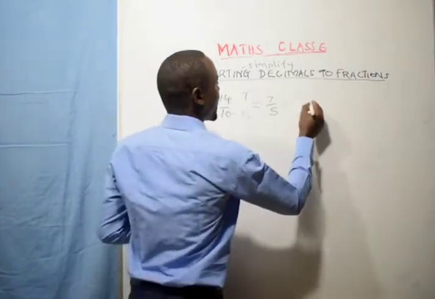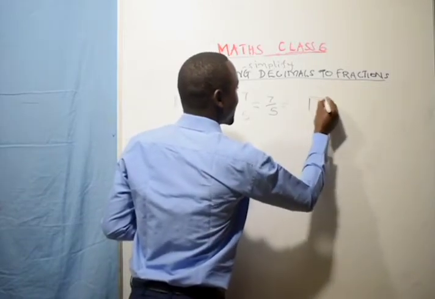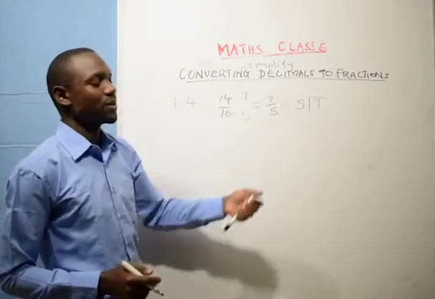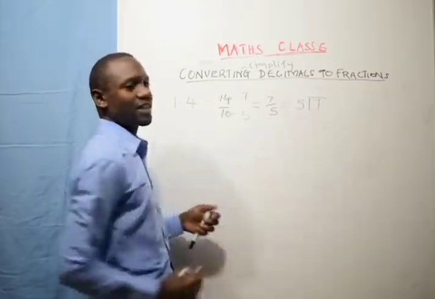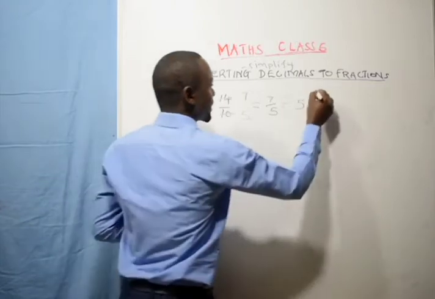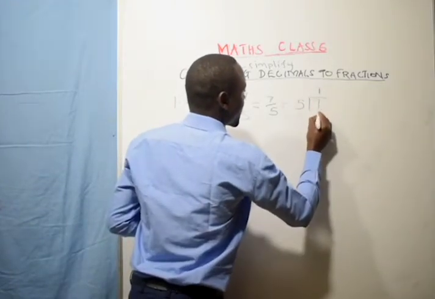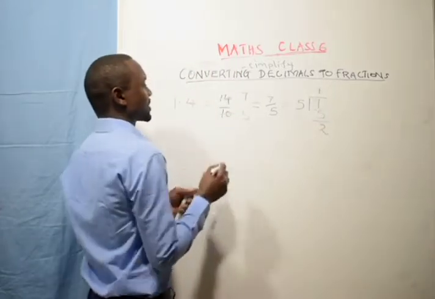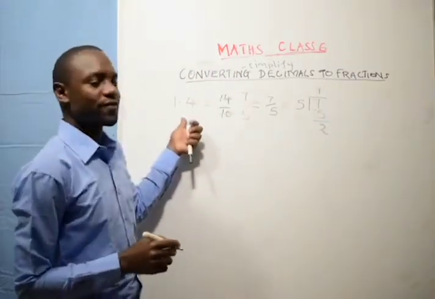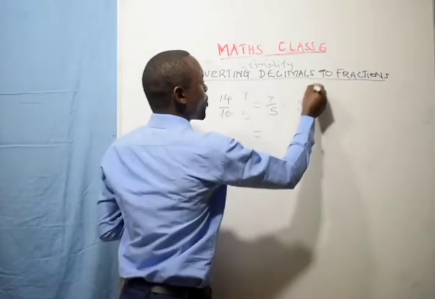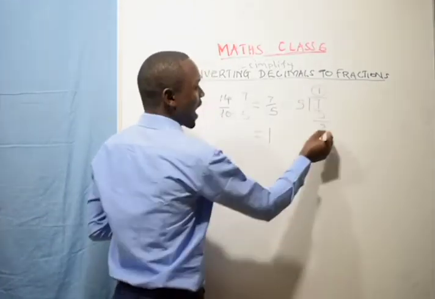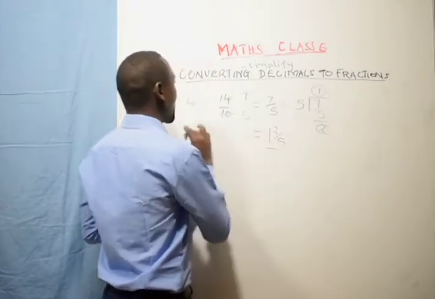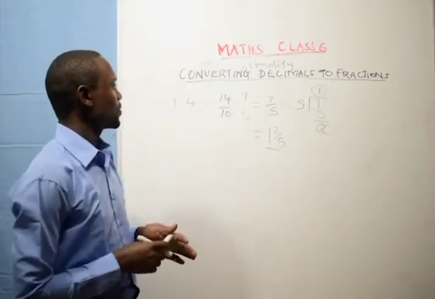So we divide 7 by 5. The number at the top is the one we are dividing by the number at the bottom. How many times will 5 go into 7? 1, because of 5. Subtract, you get 2. So 7 over 5, or rather 1.4, is the same as 1 whole and the remainder, 2 over 5. So 1.4 is the same as 1 and 2 over 5.